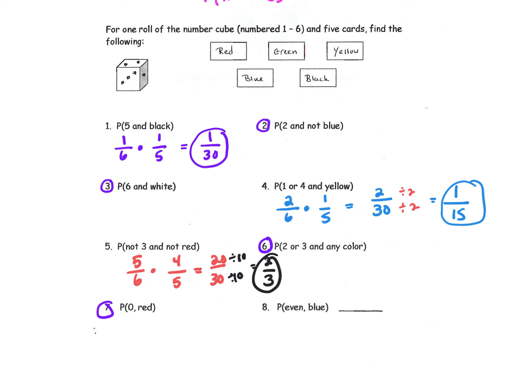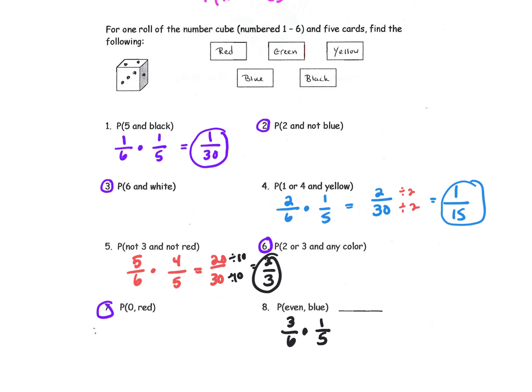Number 8 is written a little bit differently. Instead of using the word and, it has a comma. So this is still the first event, this is the second event. So even numbers would be 2, 4, 6 on the die. So that means that we can get 3 even numbers. We're going to multiply, and now it says blue. Well, there's 1 blue card out of 5, so that'd be 1 out of 5.